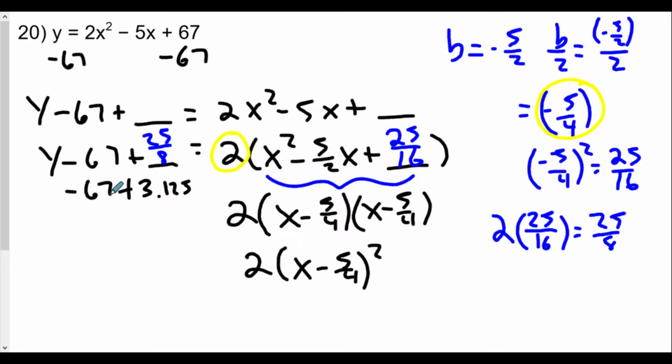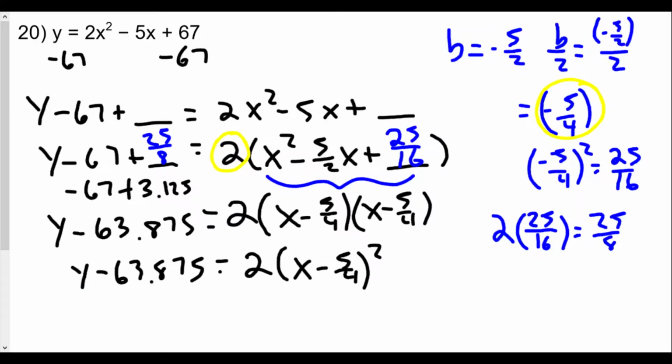Well, if you add that to negative 67, we're going to get y minus 63.875. And that's equal to here. So y minus 63.875. Now that's the same as 63 and 7/8.